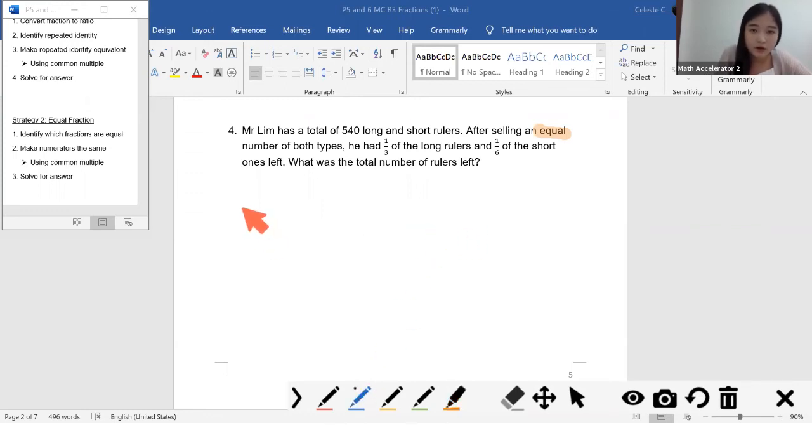Alright, so you have long and short rulers. Okay, the equal number, is it what is left or what is sold? Can you type in the chat, is it left or sold that is equal?